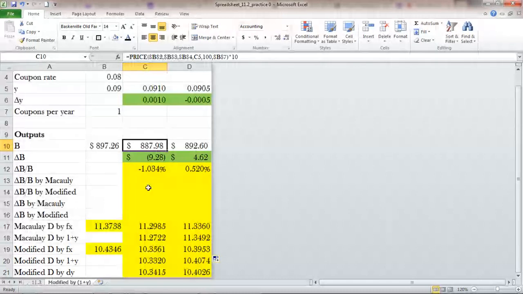But using duration, we can forecast or predict the percentage change in price and dollar change in price, right?